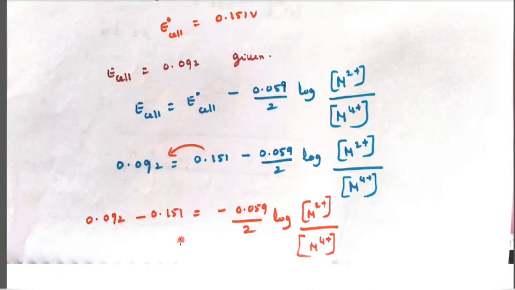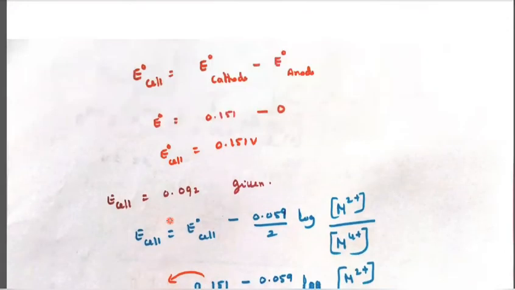0.092 is the E cell value, and E0 cell value is 0.151. We found it from this data. Standard EMF of the cell is E0 cathode minus E0 anode, EC minus EA. Remember it in this way.